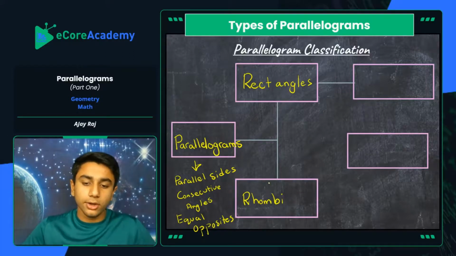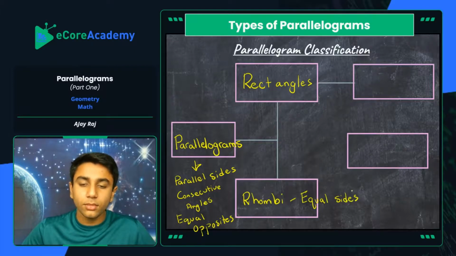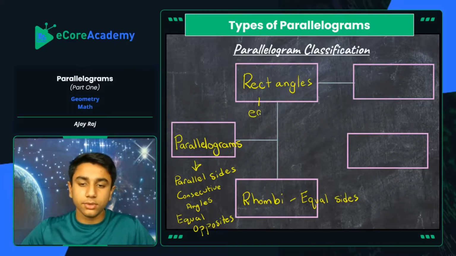So we have rhombi here. This is going to have the property of equal sides. And this one's going to have equal sides and equal angles here. This is also going to have 4 equal angles here. And this guy's going to have equal angles.